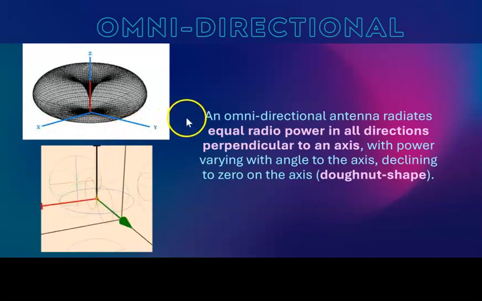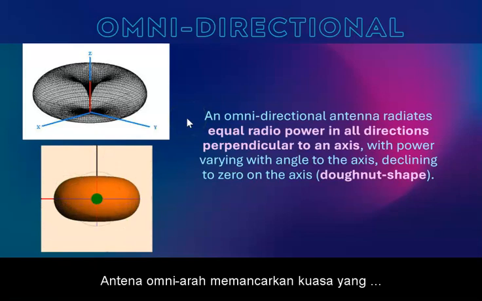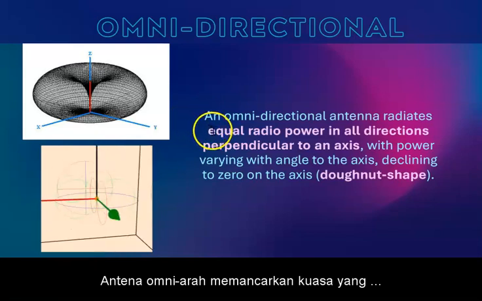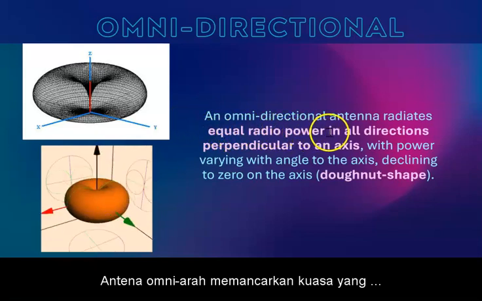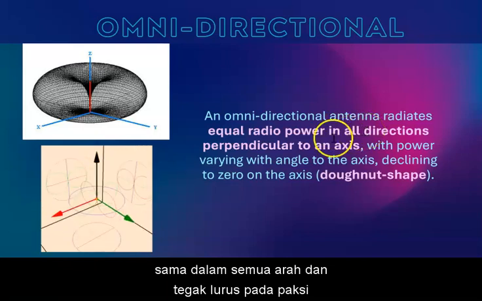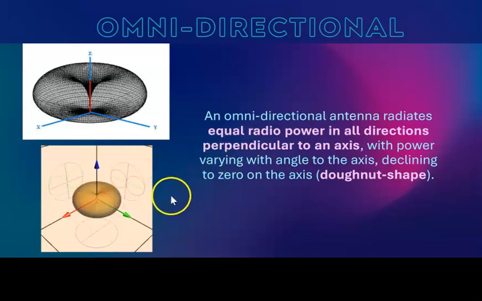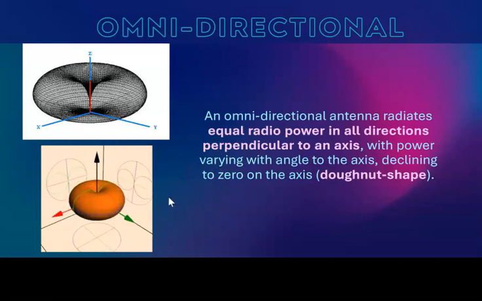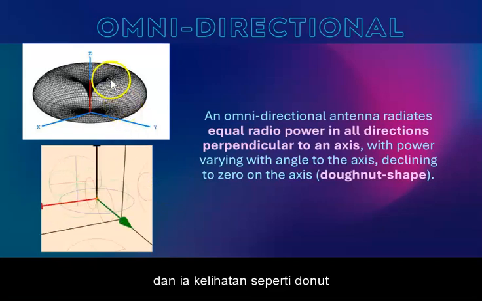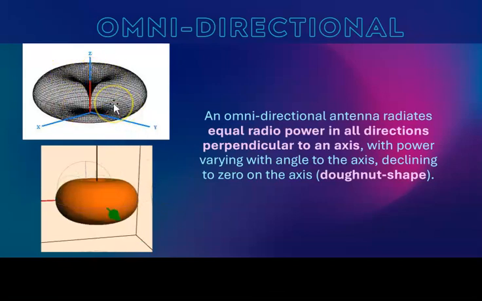Next, we have omnidirectional. An omnidirectional antenna radiates equal radio power in all directions perpendicular to an axis, with power varying with angle to the axis, declining to 0 on the axis, and it looks like a donut shape.